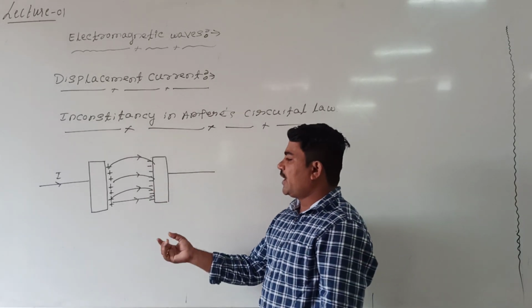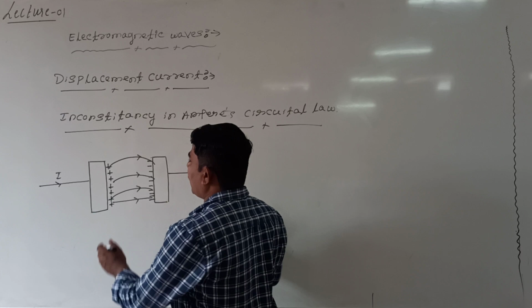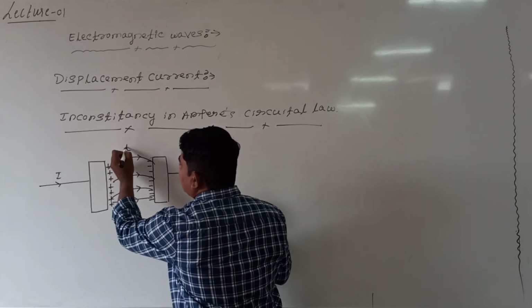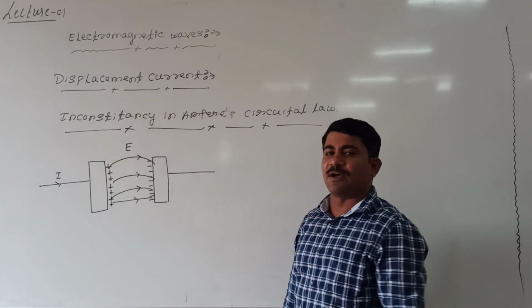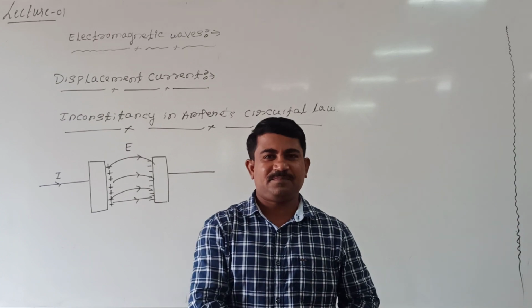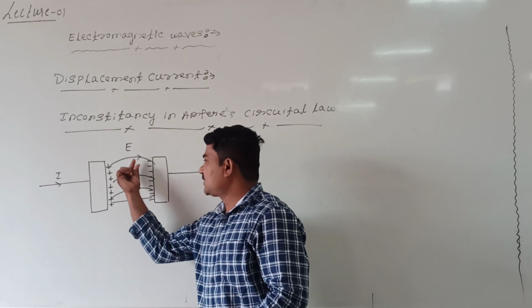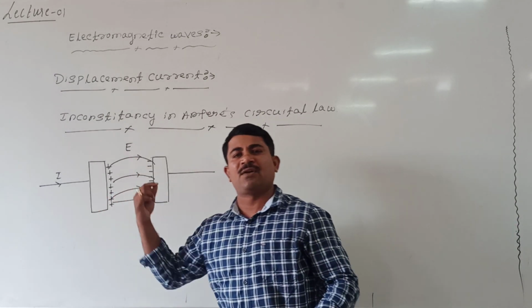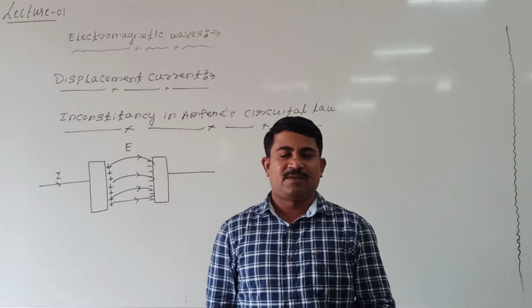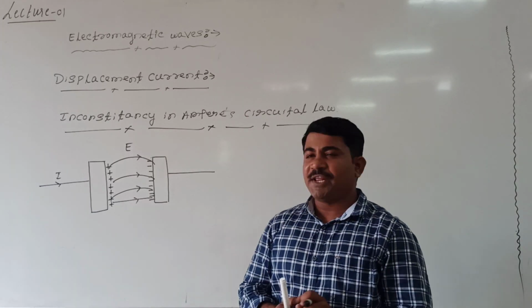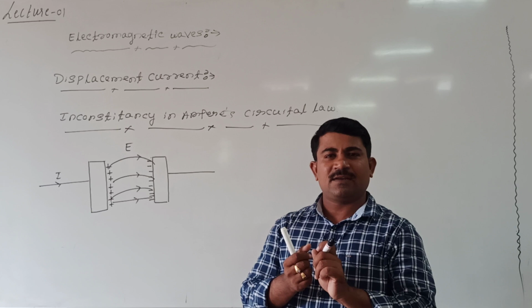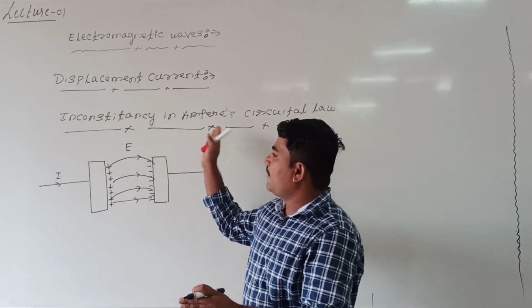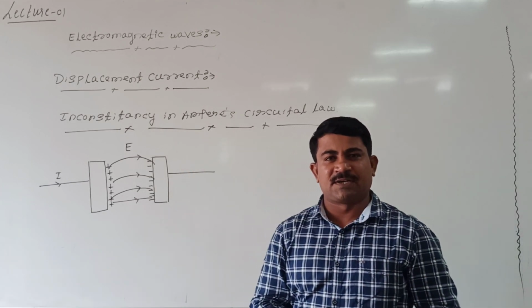Right or wrong? So in between the plates of capacitor electric field is produced. This electric field is always a variable value, wherever current flows in the plates of capacitor. Now our point is the inconsistency in Ampere circuit law. What is the inconsistency? That we'll see.